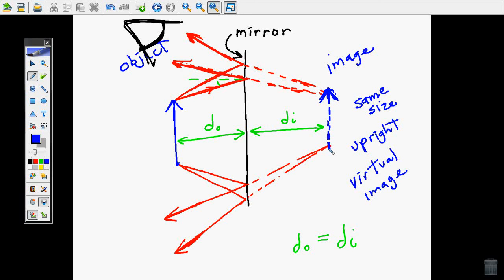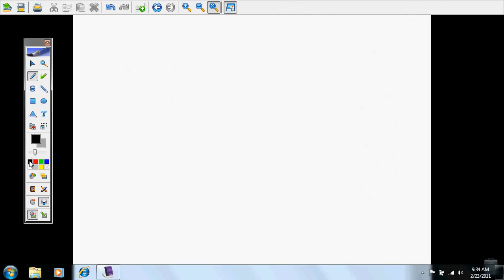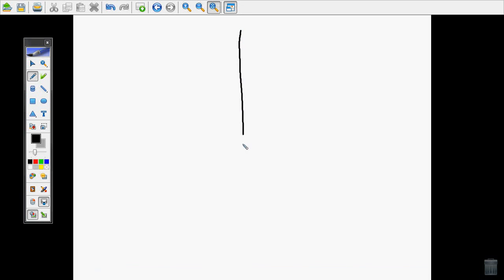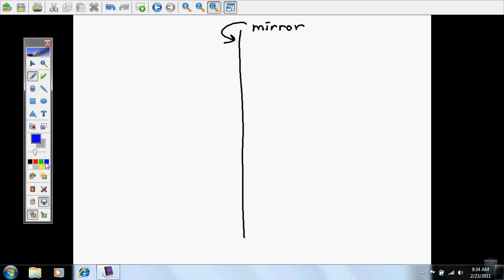Sometimes you'll be asked to identify the virtual image produced by a plane mirror. So let me give you an example. Let's say here's the mirror again, and let's say the object this time is leaning forward like this.